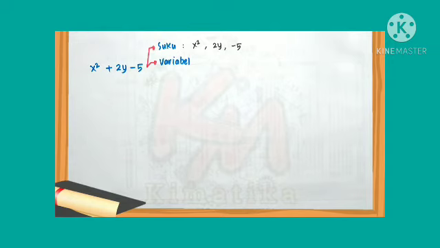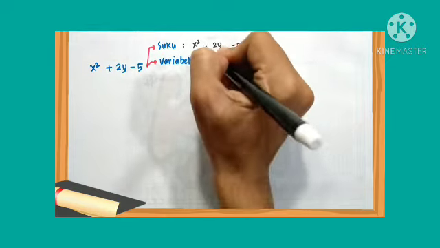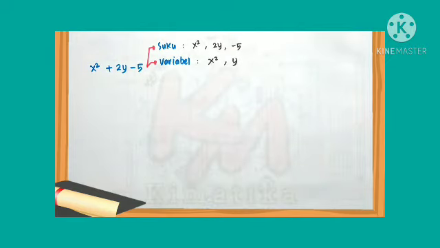The variables of x squared plus 2y minus 5 are x squared and y.